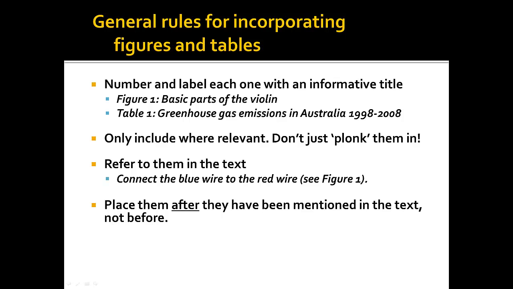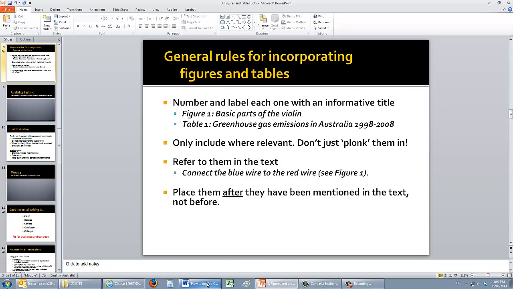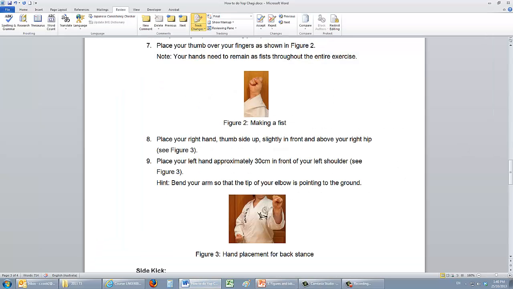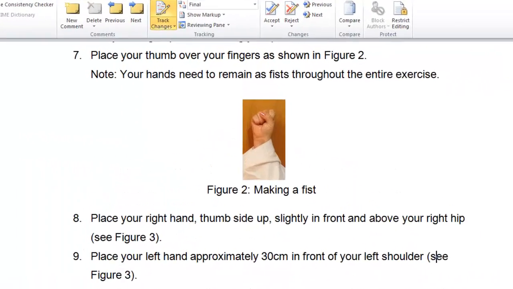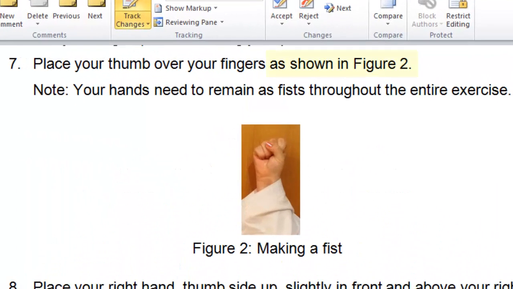Okay, so I'm just going to show you an example from a previous student. Here we have the instructions. So place your thumb over your fingers as shown in figure 2. So you can see that it's been mentioned in the text before the actual figure appears. And then down below we have the figure, figure 2, making a fist, and you can see how that is labeled correctly.